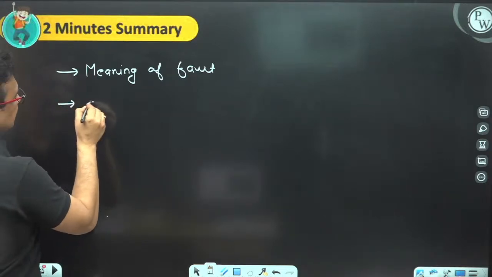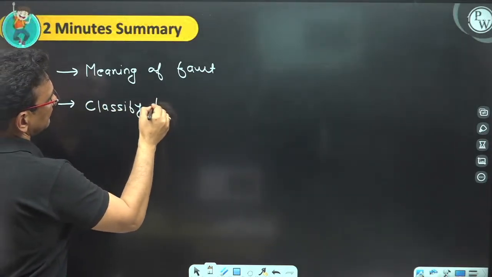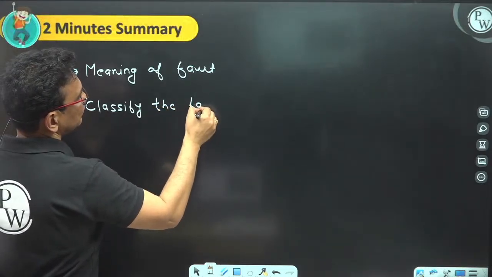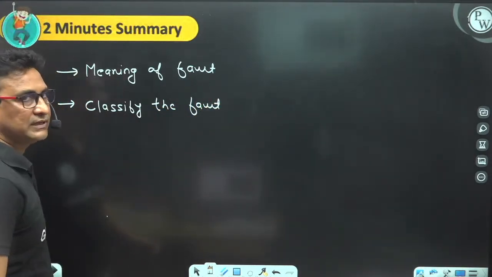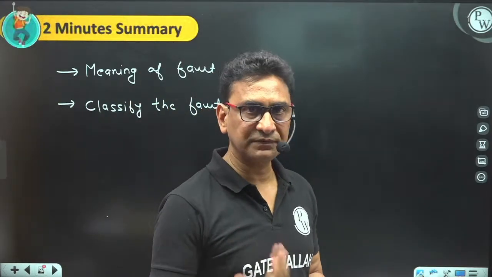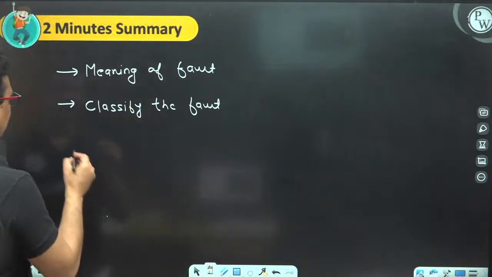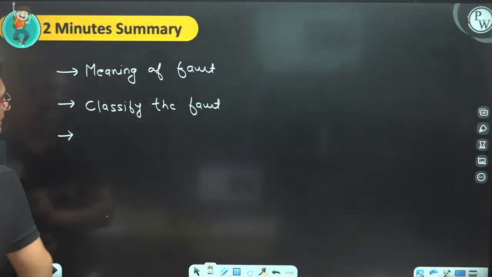After that, we classified the faults. We have 2 types of fault, shunt fault and series fault. Shunt fault is called the short circuit fault. Series fault is called the open circuit fault. We are keeping our discussion only for the shunt fault.